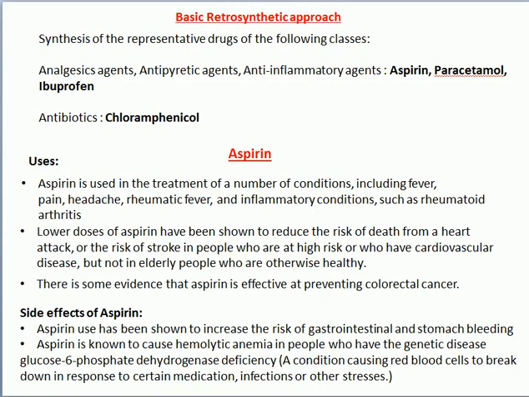In this video lecture we will discuss the basic retrosynthetic analysis of drugs such as analgesic agents, antipyretic agents, anti-inflammatory agents, which are included in your syllabus, such as aspirin, paracetamol, ibuprofen and the antibiotic chloramphenicol.